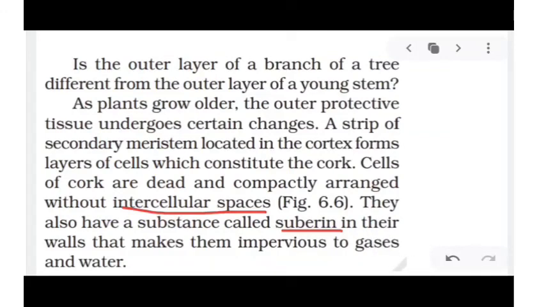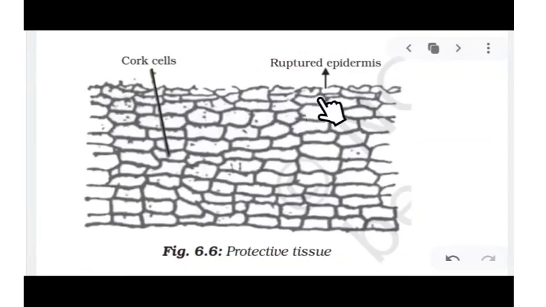Impervious का मतलब आना और जाना, यानी कि gases का CO2 and O2 is also impervious, इसको नहीं जाने देता है. It is to be blocked over there, यानी कहीं से भी किसी भी प्रकार से लॉस होने का संभावना नहीं रहती. और उसके अंदर कौन सा प्रकार का सेल रहता है? सुबरिन सेल्स कैसे बने रहते हैं? सुबरिन के, isn't it? तो again we will see this diagram, the ruptured epidermis.